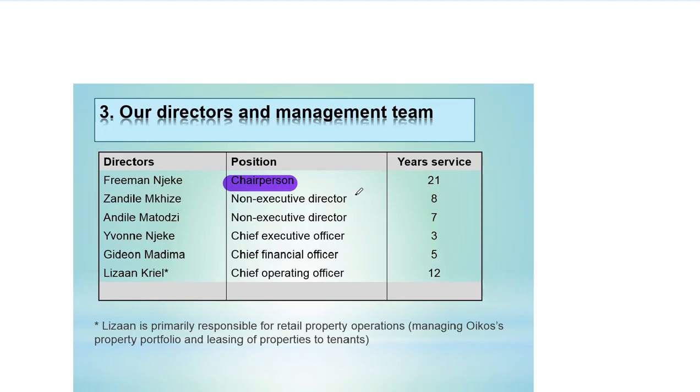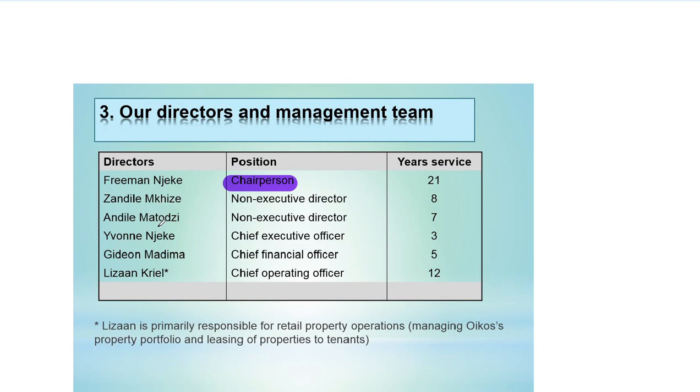When you're looking in terms of the years of service, like 21 years, that means Freeman Njeke has very good experience in terms of the industry operation, which is good. And when we're looking at Zandile Mkhize, a non-executive director, Zandile has 6 years of experience in terms of knowing the operation of investment property companies.